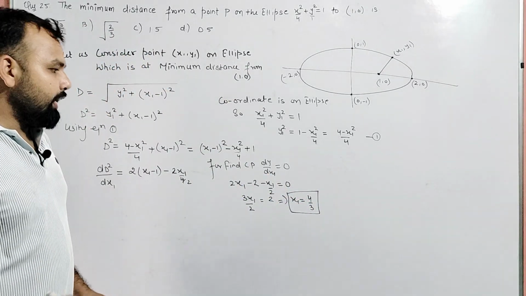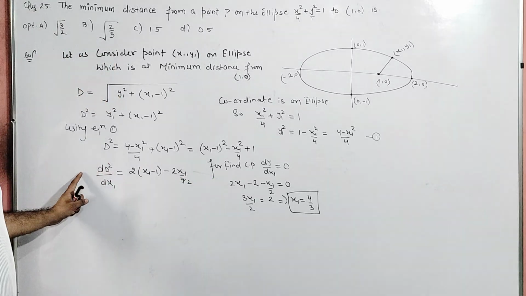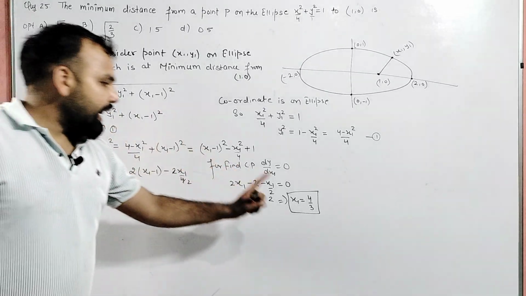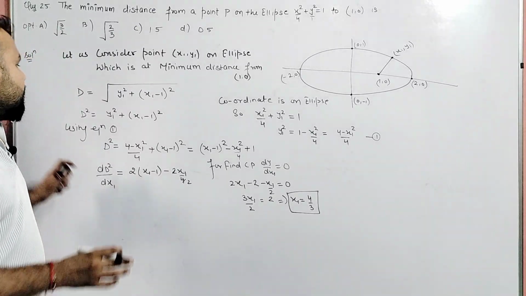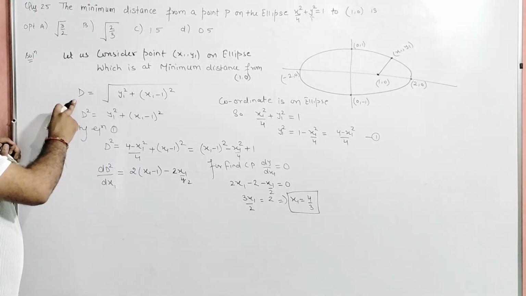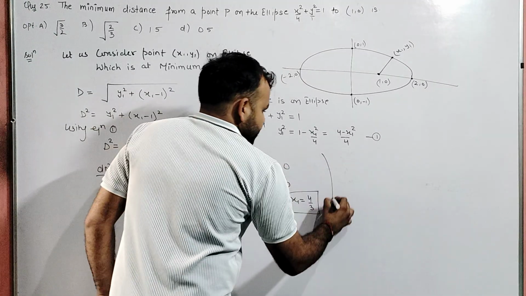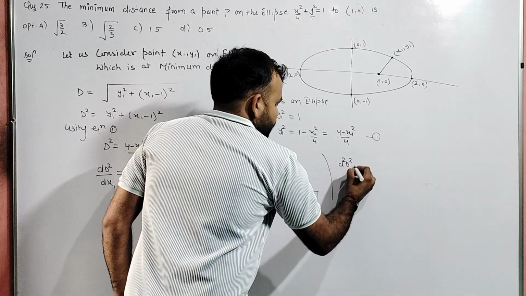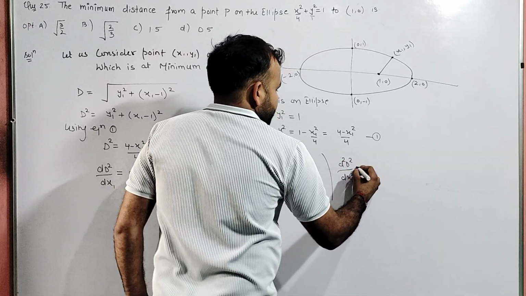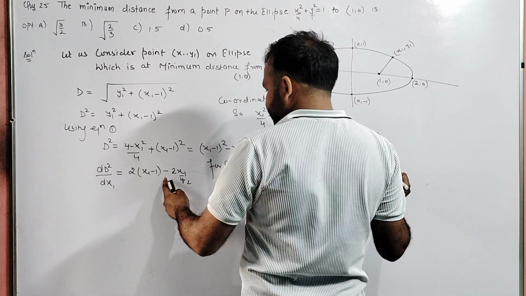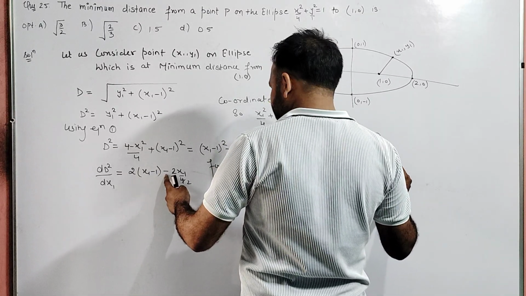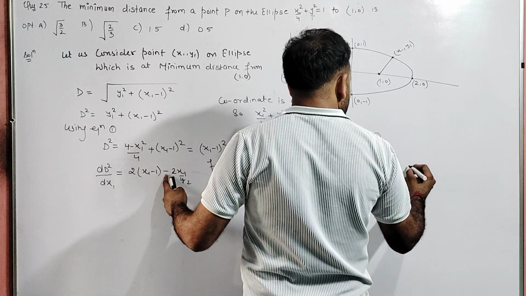If the double derivative at point x1 is positive, then the distance will be minimum. So we are going to check the double derivative with respect to x1. So the derivative of this one, that is 2 minus 1 by 2, this becomes 3 by 2.